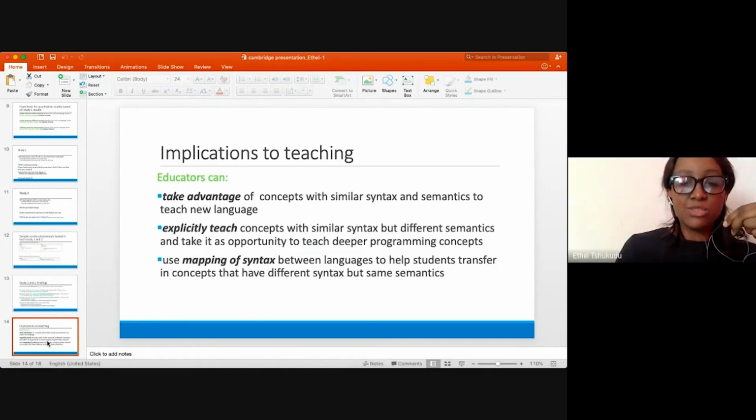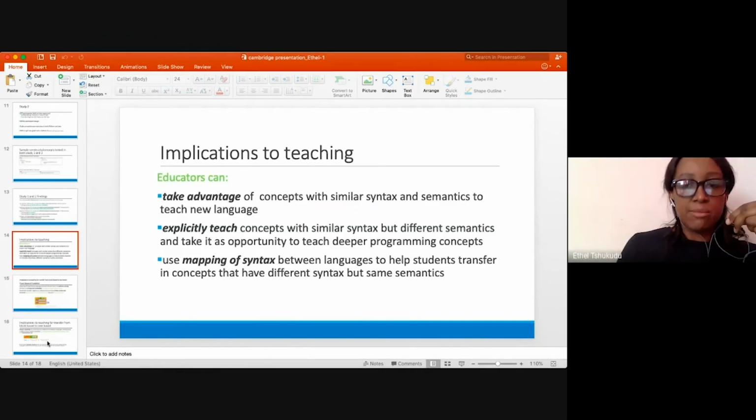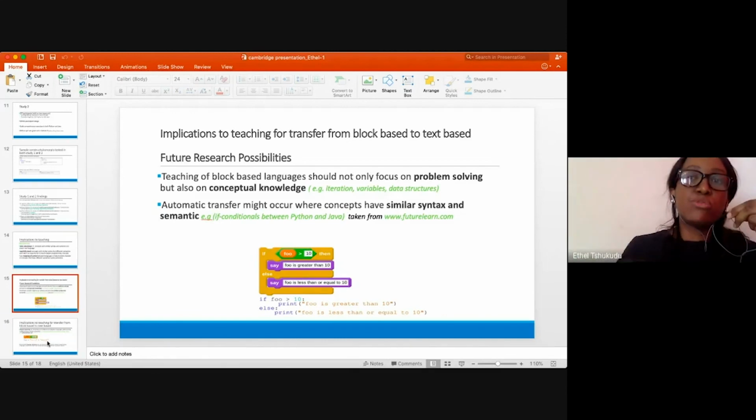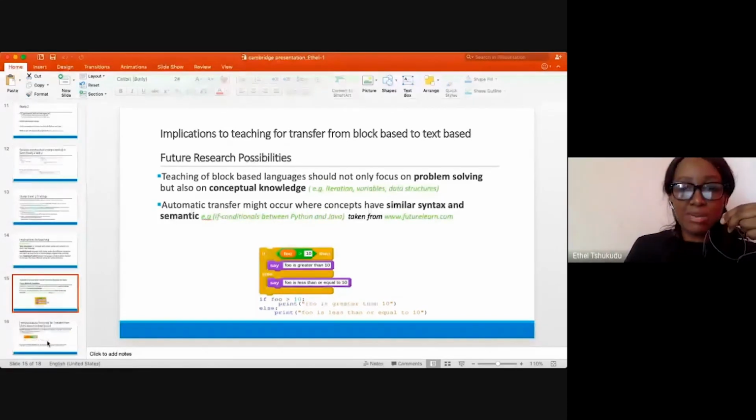I think this one, I can actually take it on to the implications to teaching for transfer from block-based to text-based. It's still similar to the previous slide. In block-based languages, most of the teaching is based on problem solving or computational thinking, designing games and all, but little emphasis is put on the conceptual knowledge, explaining each concept to the students and the semantics.